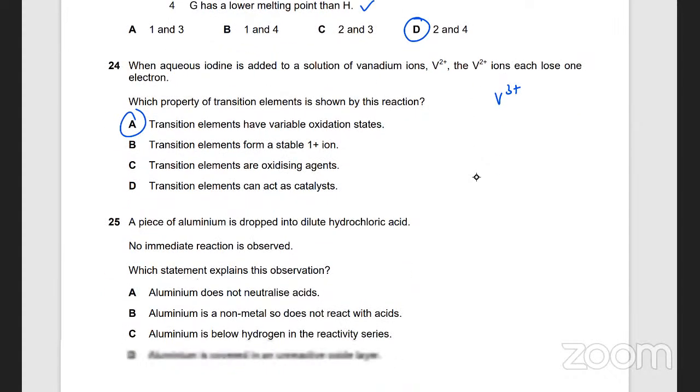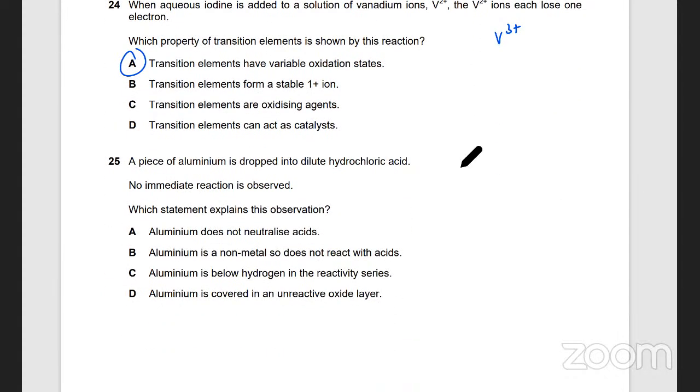Yes. As a piece of aluminium is dropped into hydrochloric acid, no immediate reaction is observed. Which statement? Aluminium will react with HCl, ठीक है, but not immediately. Metal plus acid will produce salt, AlCl3, plus H2. Is it D? हाँ, aluminium क्यों नहीं react करता?